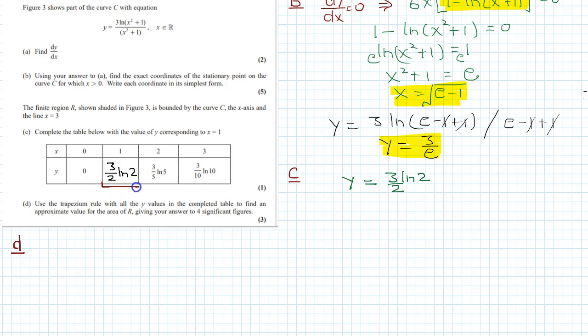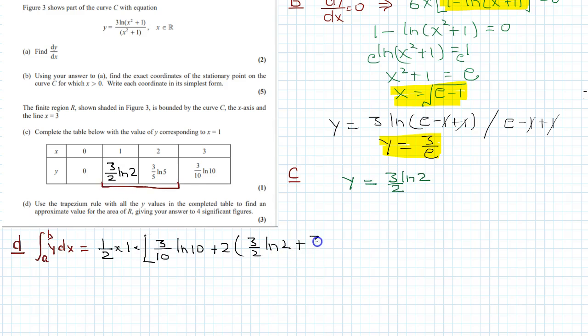Now for the Trapezium Rule, we have to add these. So the integral from a to b of y dx will be equal to half the width, 1 minus 0 is 1, multiplied by the sum of the extremes, 0 plus 3 over 10 ln 10, and plus 2 multiplied by 3 over 2 ln 2 plus 3 over 5 ln 5.